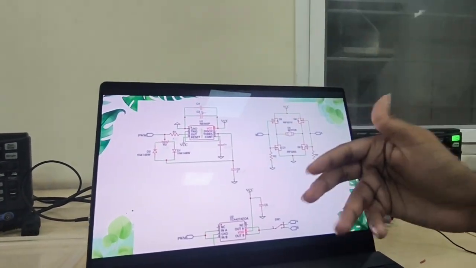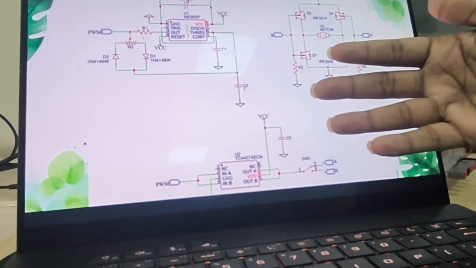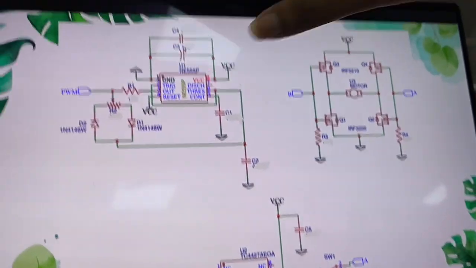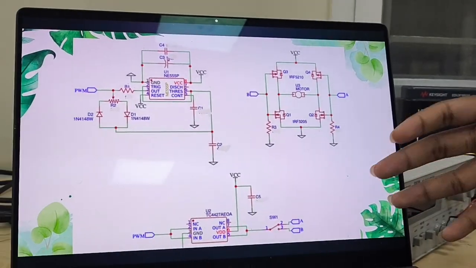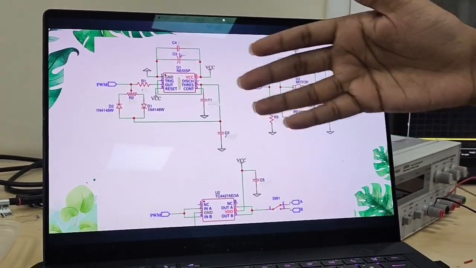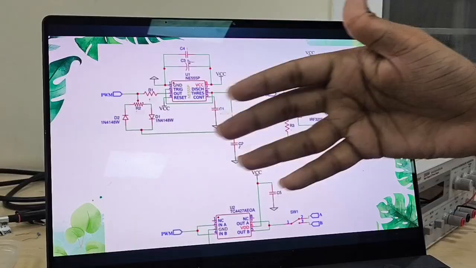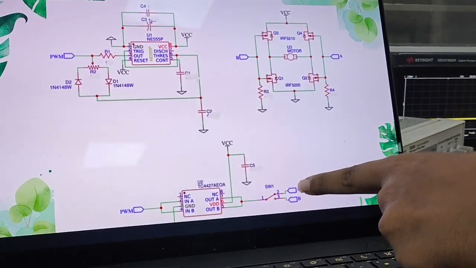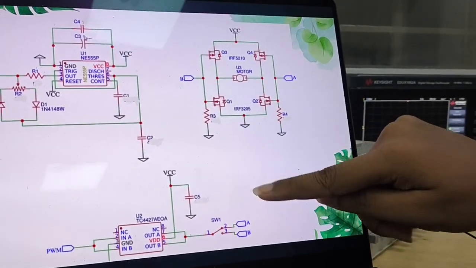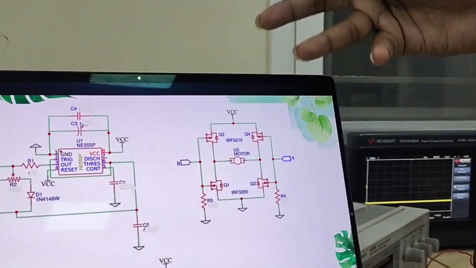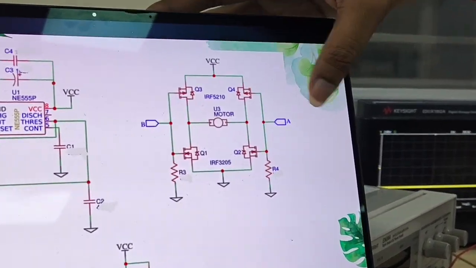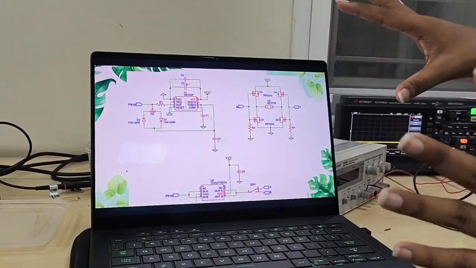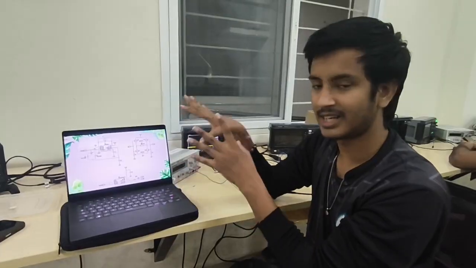After that, we have a gate driver, a high switching MOSFET driver, which gives us an efficient output from the PWM signal input. Finally, we have a switch through which we control the outputs A and B. A and B are given as inputs to the H-bridge circuit over here, and this was a general overview of the circuit. Now we are going to explain the circuit in detail.